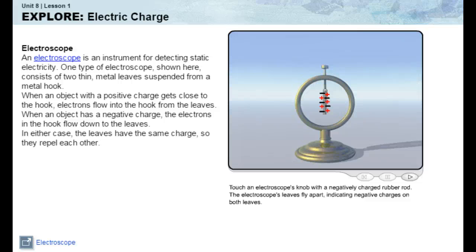When an object with a positive charge gets close to the hook, electrons flow into the hook from the leaves, and we'll turn this little thing on so you can watch it. And when an object has a negative charge, the electrons in the hook flow down the leaves. In either case, the leaves have the same charge, so they repel each other.